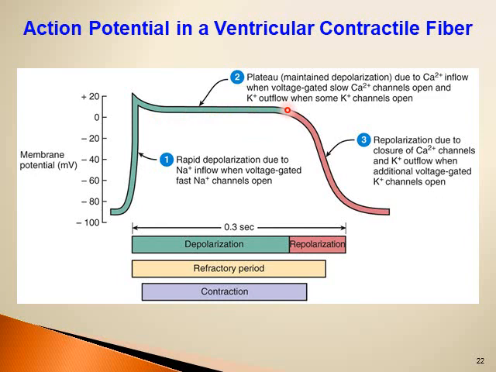Then the repolarization is due to closure of calcium channels, and the potassium outflow when additional voltage gated potassium channels open, so there will be loss of positive charges from the cells. So the rapid depolarization and plateau are part of depolarization. Both form the depolarization, while the third phase is the actual repolarization.